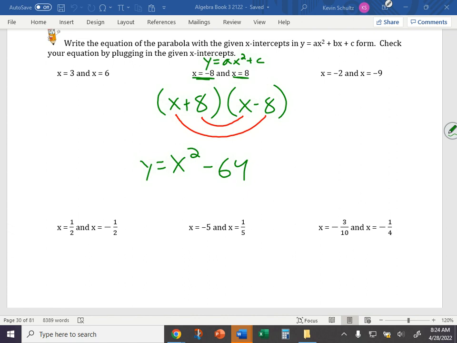On the middle one, the x equals 1 over 5, you said the answer was y equals 5x squared plus 24x minus 5. It's 25? It should be 24x because what we had here was x plus 5 and 5x minus 1.